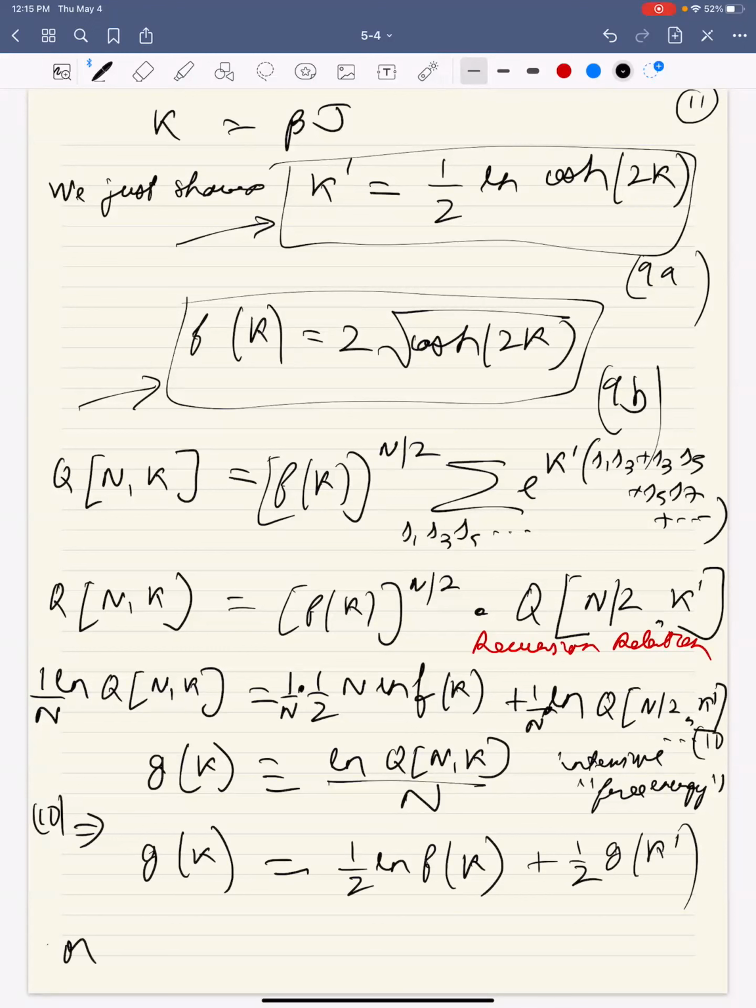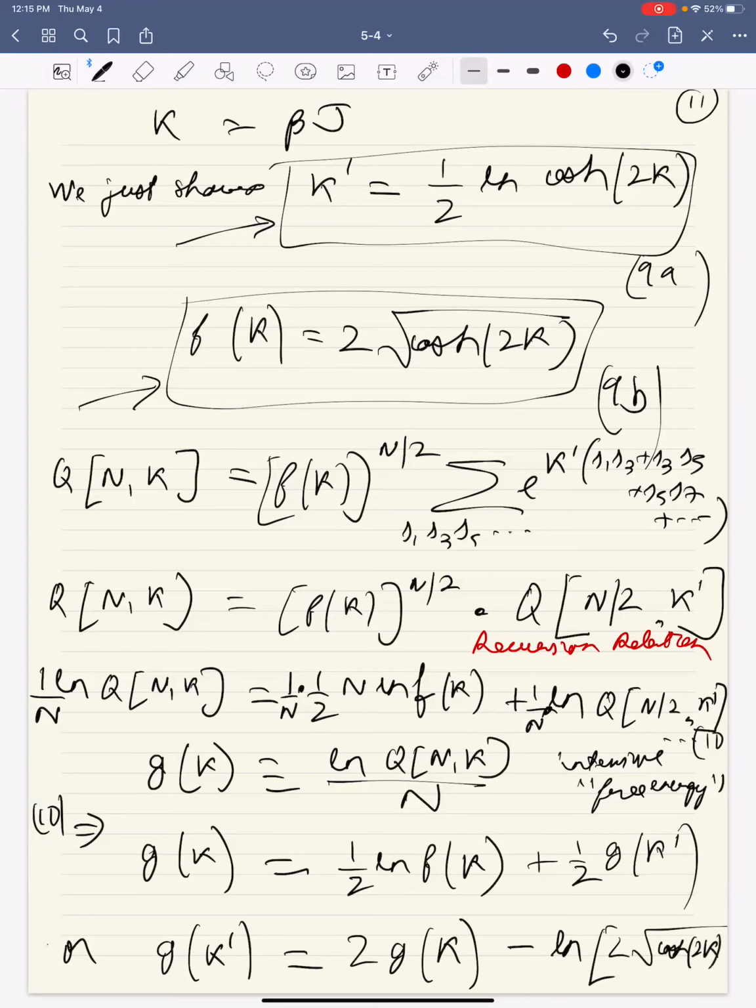Or finally, we have g of k prime is equal to 2g of k minus ln of 2 square root of hyperbolic cos of 2k.